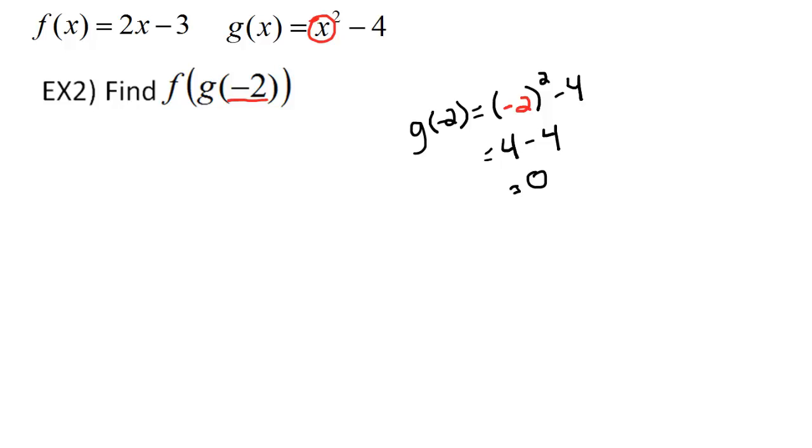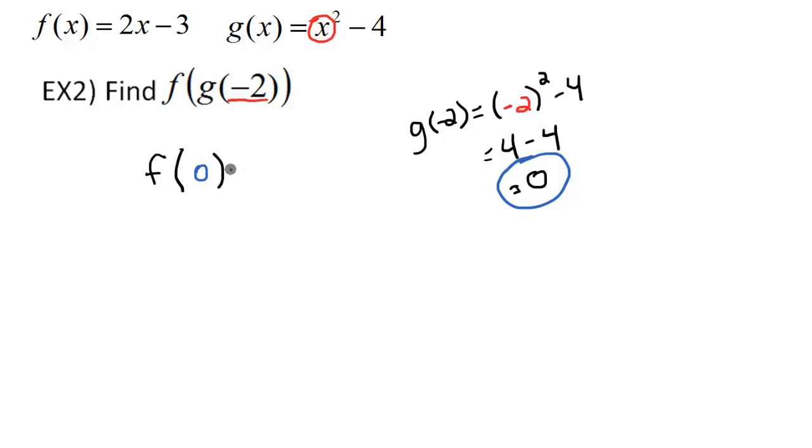Now since we know that g of negative 2 equals 0, we could change f of g of negative 2 and just write f of 0.